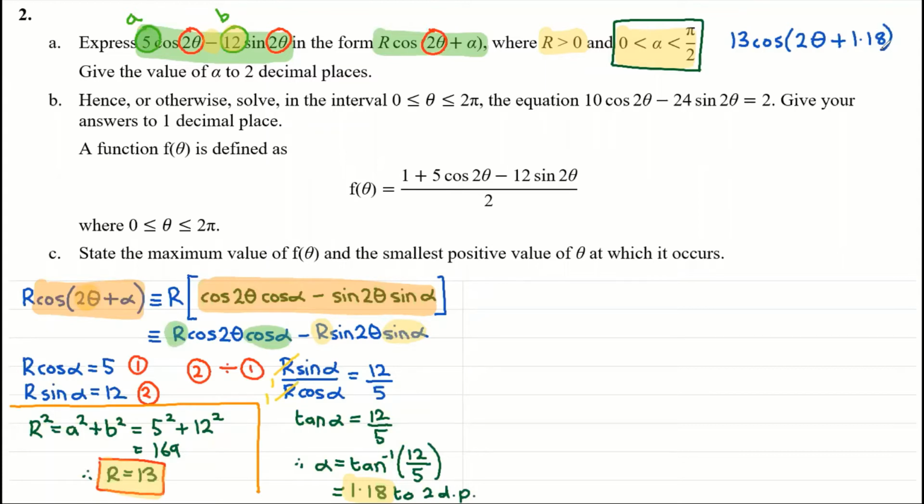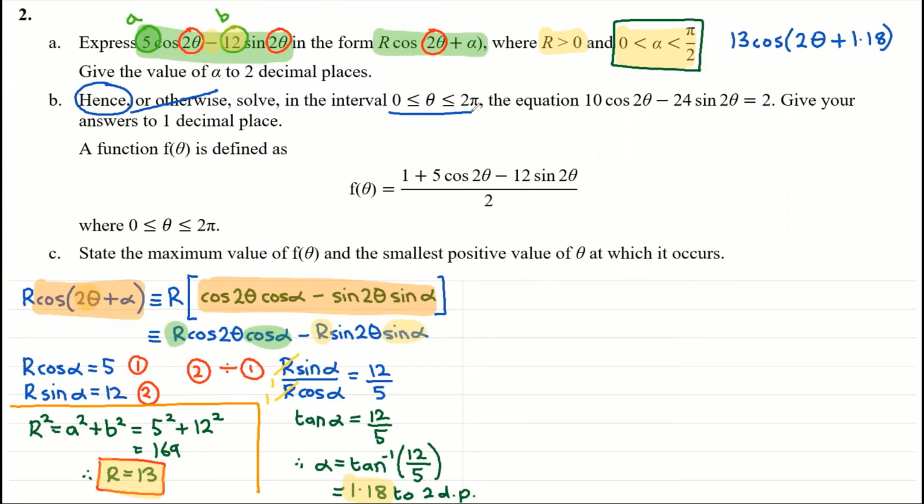Now, what do we do with this? Well, if that's part A done, it says hence or otherwise. Well, remember when you see a hence or otherwise question, you immediately dismiss the or otherwise bit. Just put a line through that. And we're going to use what we've just found to solve in the interval from 0 to 2 pi this equation.